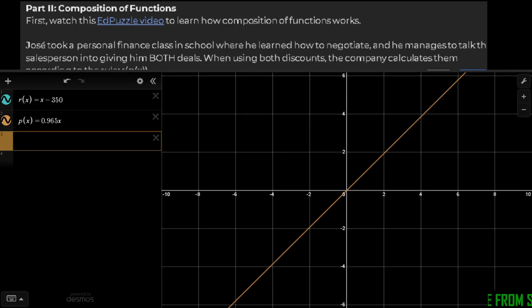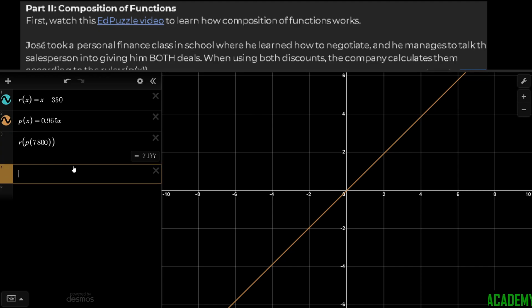I need to find R of P of 7,800. And in Desmos it does it for me, so it's really nice because I don't have to calculate what P of 7,800 is just yet. I can just do it right here and it will come up. It says the final price after both have applied is 7,177.